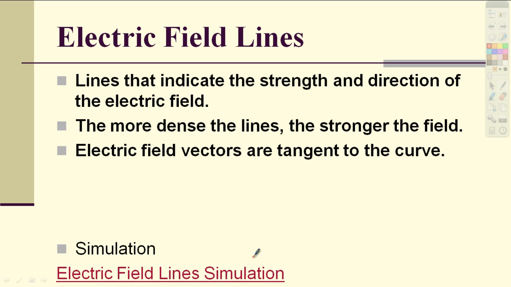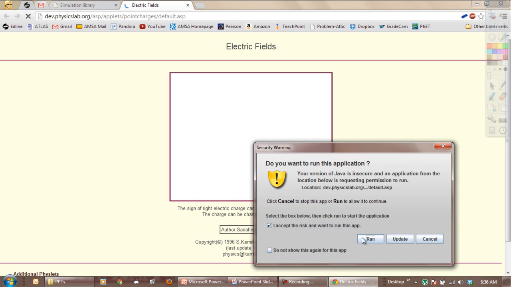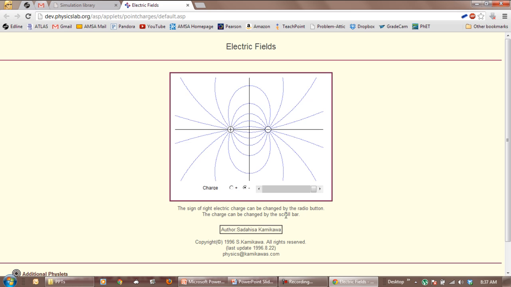And here's another simulation for you. This one's a lot better than the other app.